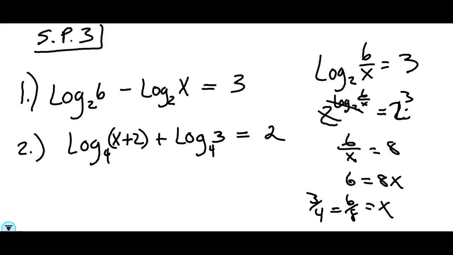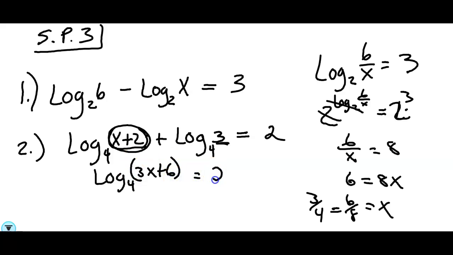Next, we have this one. Now, the trick on this guy is first of all, we want to know that we're adding, so we would multiply these. But when you multiply this, you're multiplying this entire thing by 3. So it's like distribution. So it would be 3x plus 6. From there, you would exponentiate.